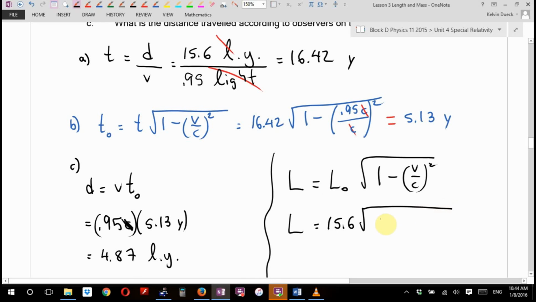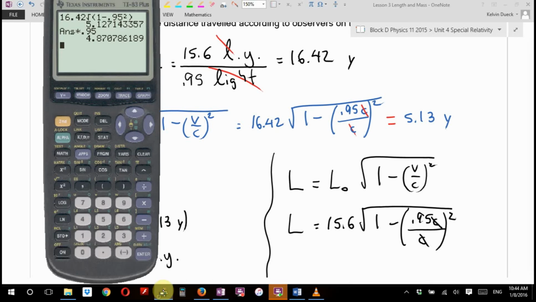Square root of 1 minus 0.95 c over c. Rebecca, is there a c on the top? Yay! So if I go 15.6 square root of 1 minus 0.95 squared, there.